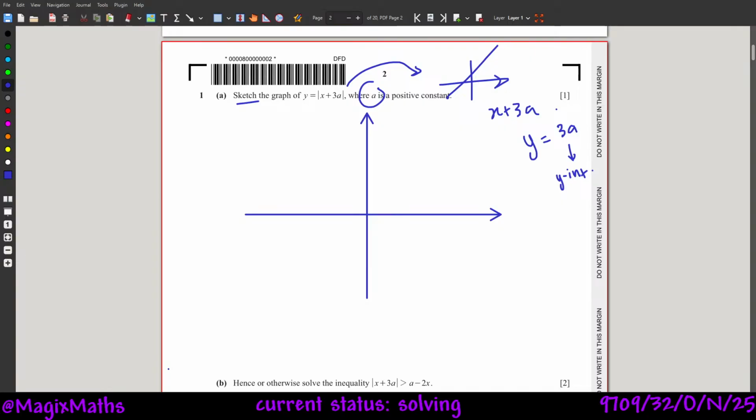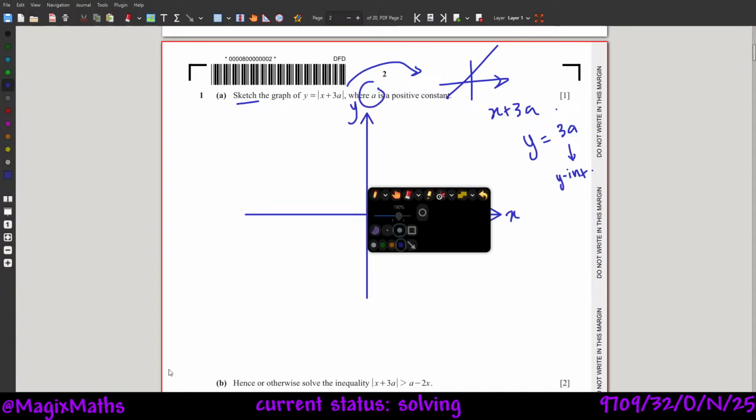A is positive, so it's above the x-axis. So don't forget to draw the axis.